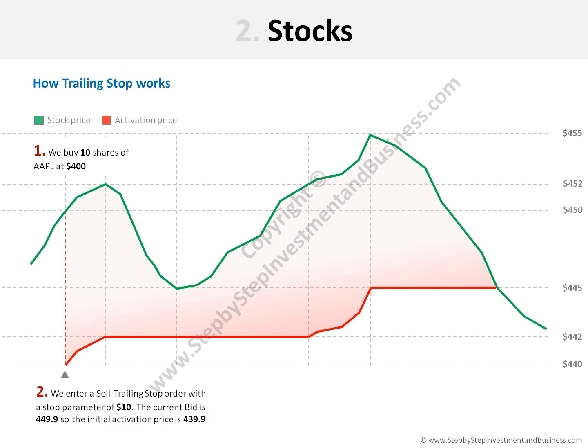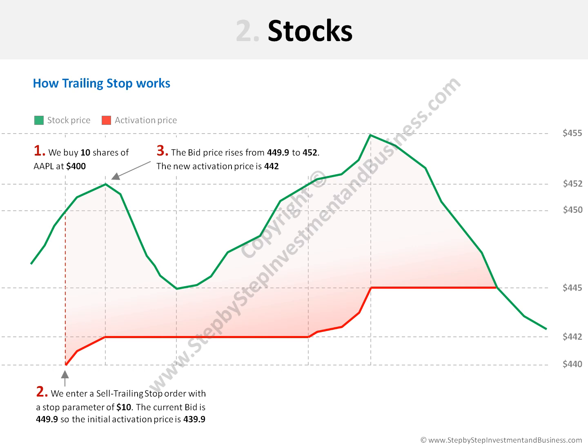So at that time, we enter a sell trailing stop order with a stop parameter of $10. If the current bid is $449.9, then the initial activation price will be $439.9. That is $10 below the current bid.